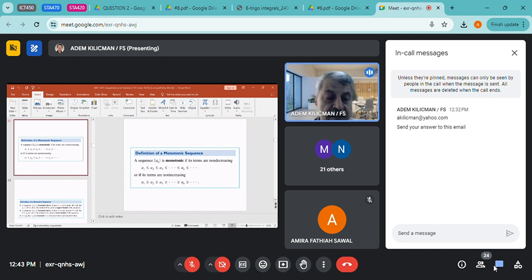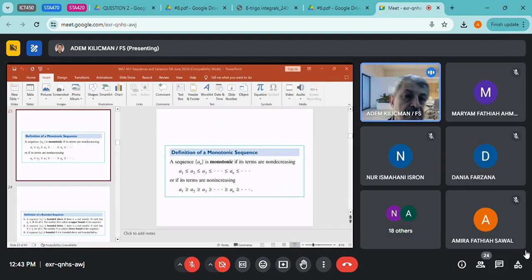So a_n is less than or equal to M for all n. You can see all the terms, the pink dots, are less than some number which is M. Here you can consider 1 as M in this particular case. So M is an upper bound.